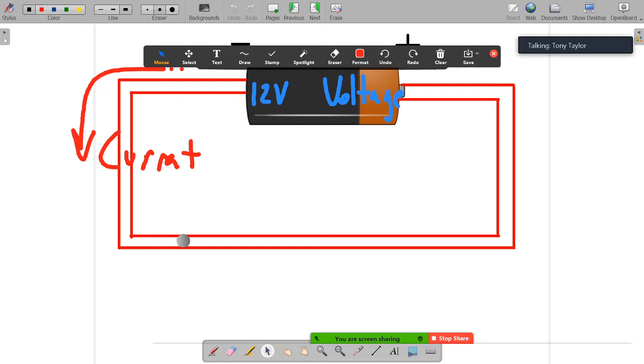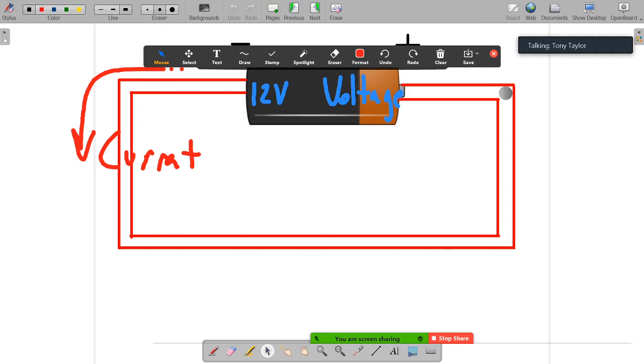Imagine a river, and a river has a current. You guys can imagine a river with a high current. Obviously, a lot of water is going to be sweeping through the river in any given unit of time. But a river that has a low current, a small amount of water is going to be sweeping through the river in any given unit of time. So think of current as being the rate of charge flow.